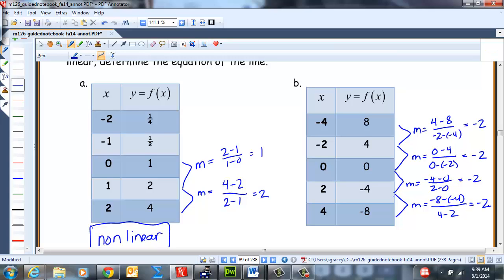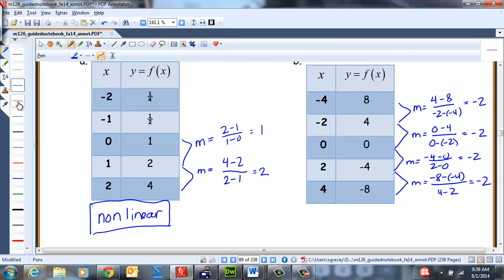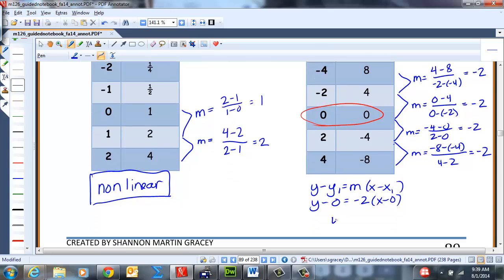So you can choose any one of those ordered pairs. Why don't we choose the origin right here, the point (0, 0)? So we would have y minus y1 is the slope times x minus x1. y minus 0 is -2 times x minus 0. So we would get y equals -2x.